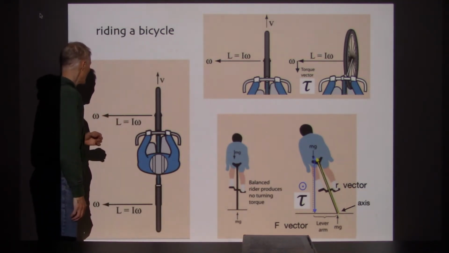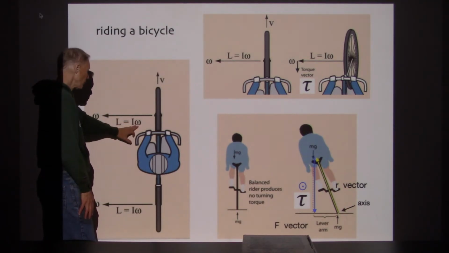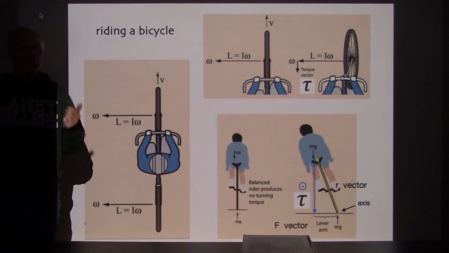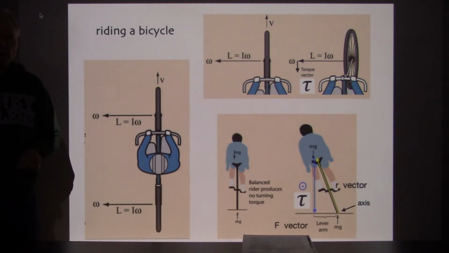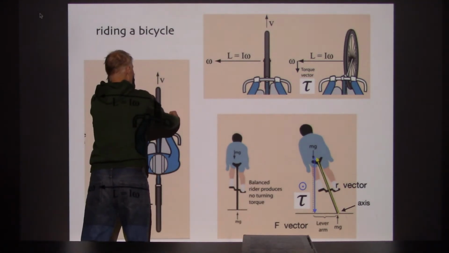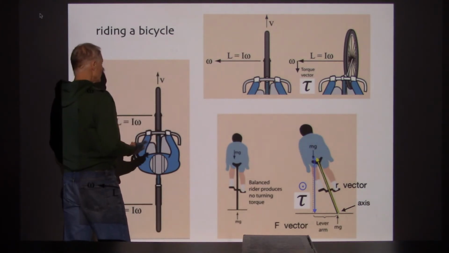One way to think about this is these vectors, like angular velocity and angular momentum, are actually called axial vectors. Vectors that have to do with rotation are referred to as axial vectors, and what they really do is designate an axis of rotation for the object.